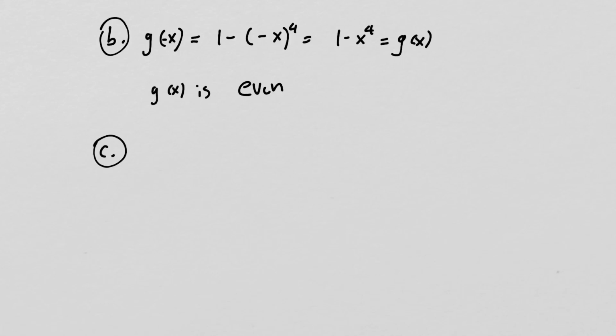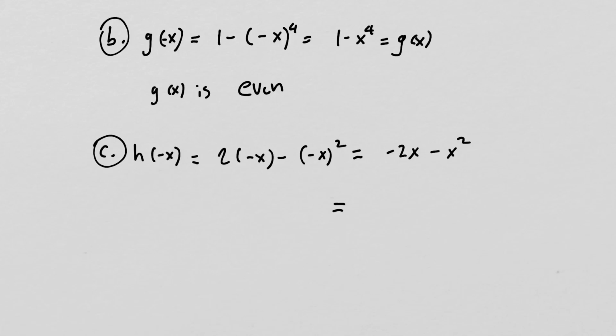So then in part C, again we compose our h with negative x, and this transforms our function into 2 times negative x minus negative x squared. This is going to be equal to negative 2x minus x squared.